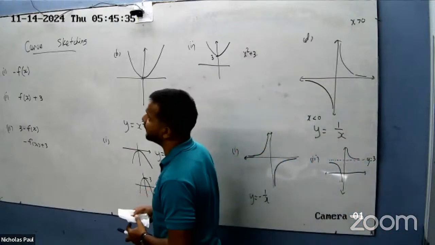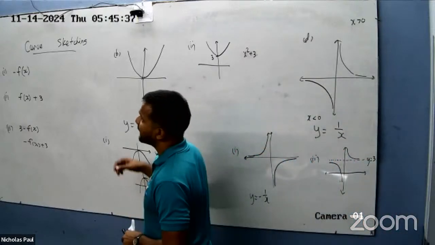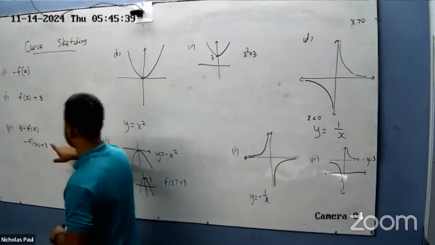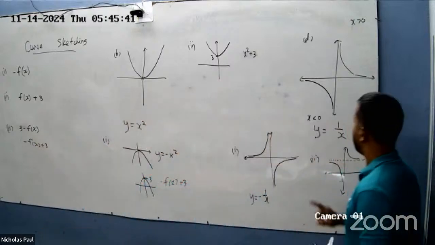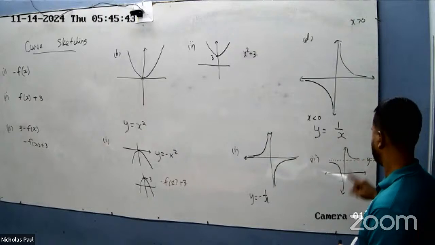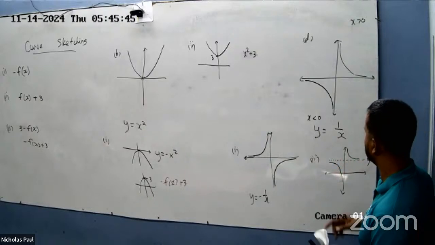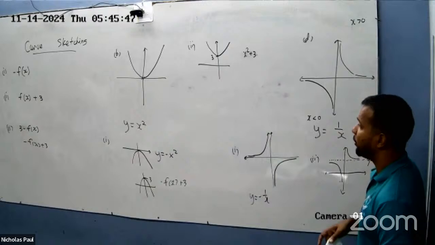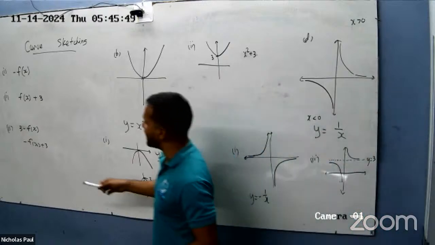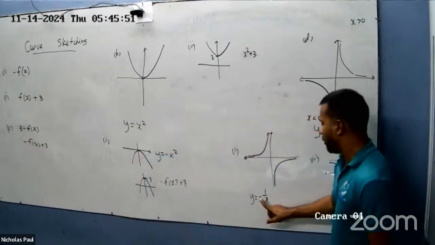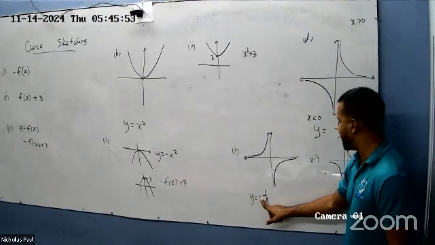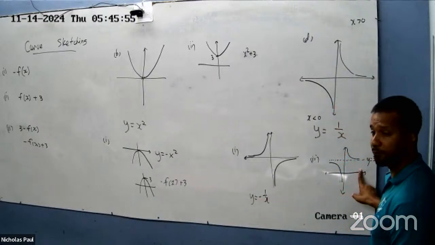Right, and last one, part 3D. So for part 3, you'll recognize that we go into reflecting in the x-axis and then move it up 3. Okay?